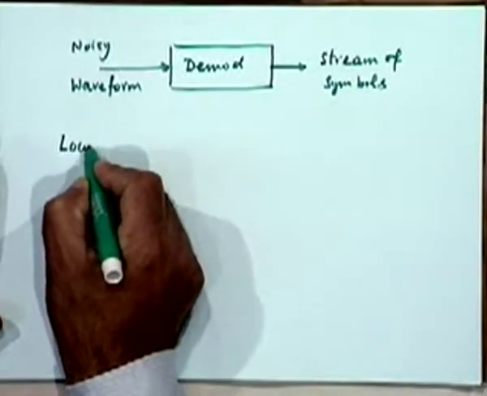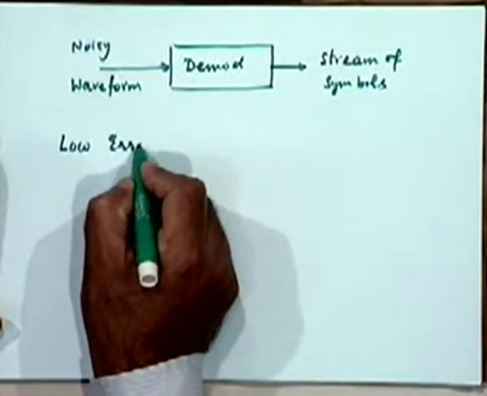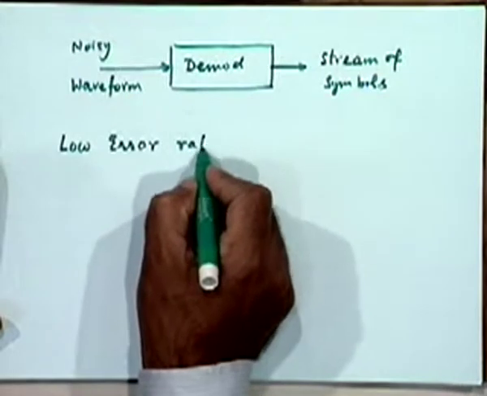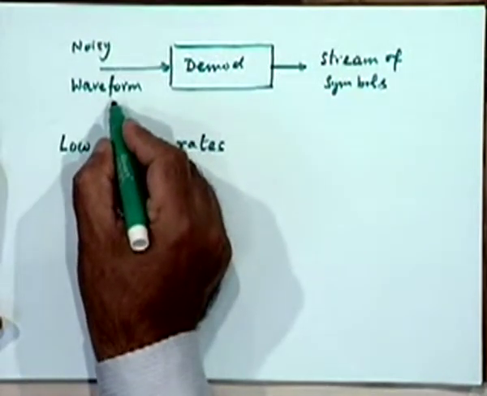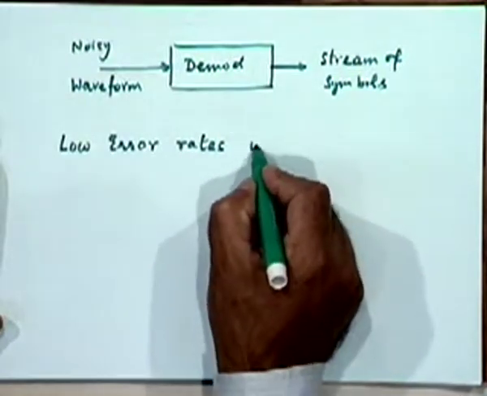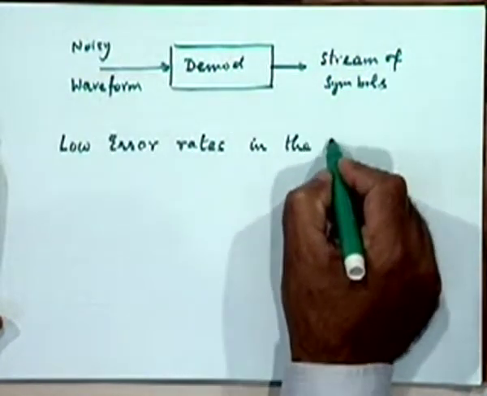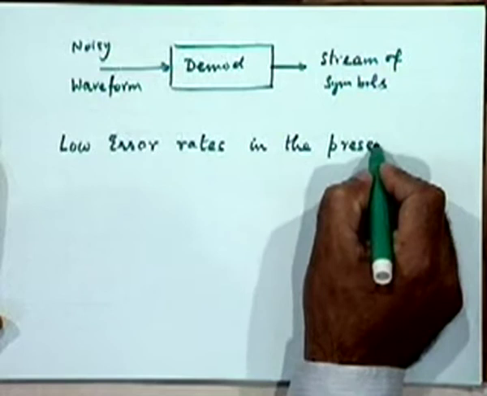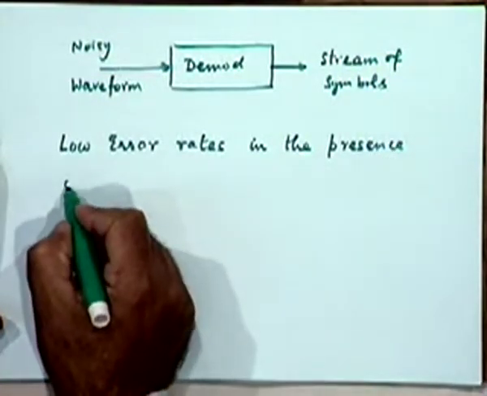So what we would really like to have is low error rates in the presence of various kinds of channel impairments.